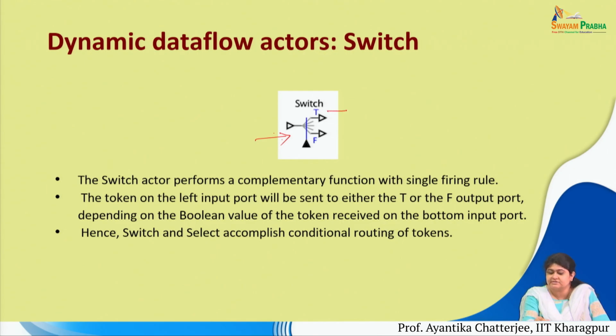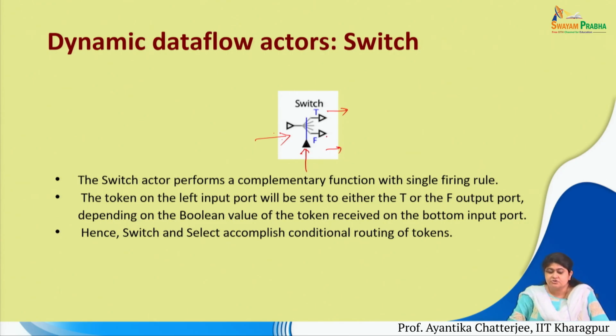So, whether that is this part or this part. Again, based on the value coming to this port, if it is true or false, the firing output will go either to this part or to this part.